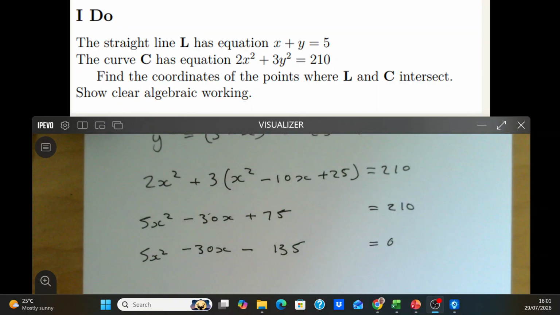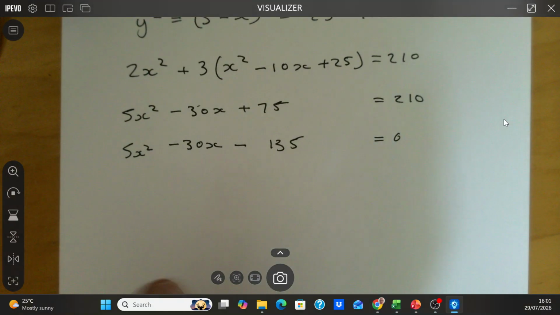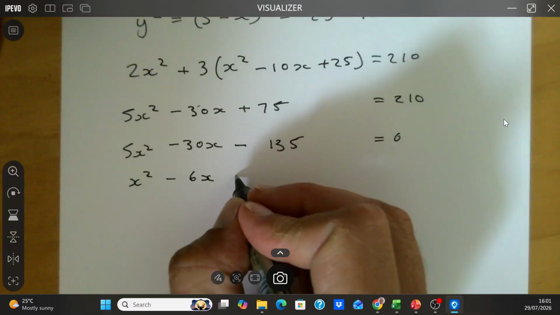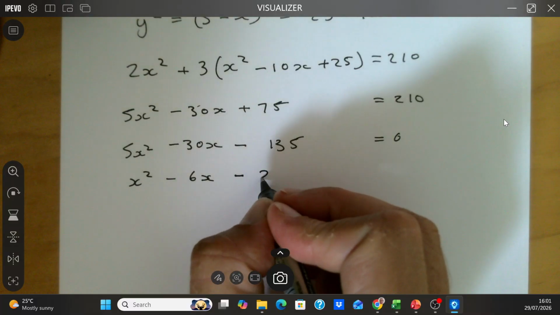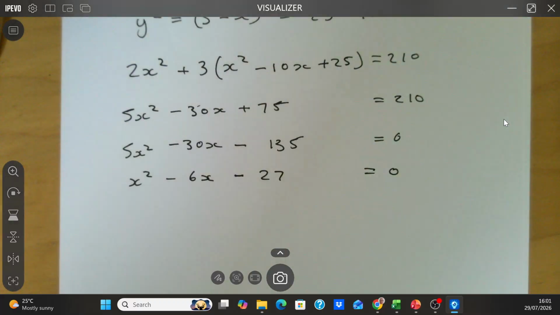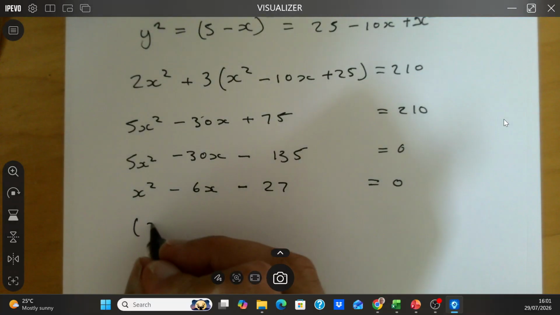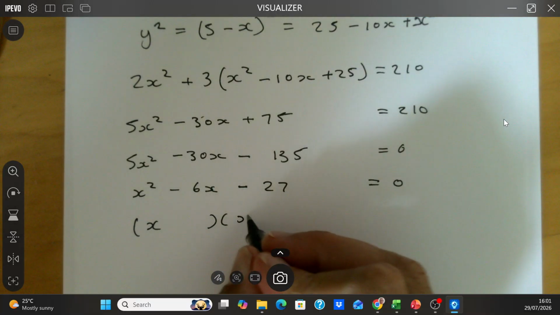I can see immediately, I'm just going to make this bigger so you can follow all my working, that 5 goes into each, so that's x squared minus 6x minus 27 equals 0.